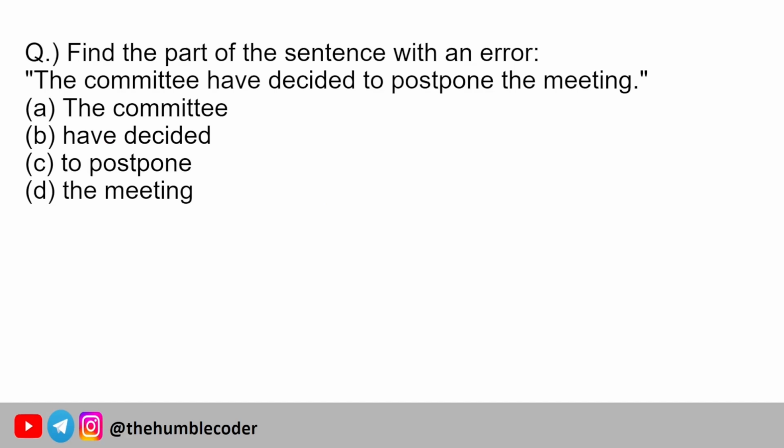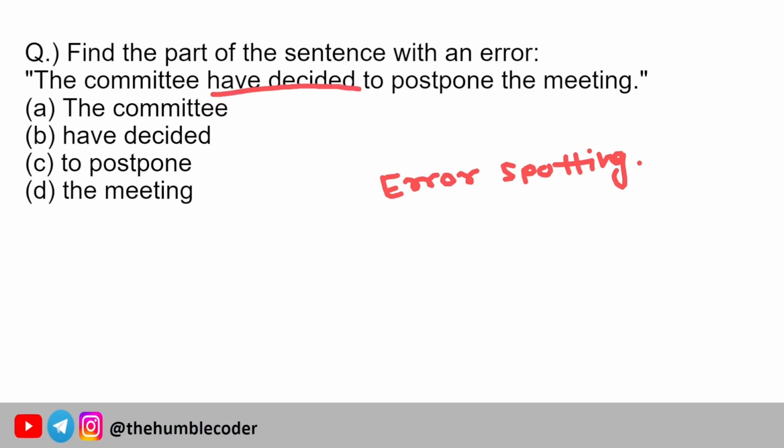Moving on to the next question, find the part of the sentence which has the error. So the committee have decided to postpone the meeting, and we have four options. The committee have decided to postpone the meeting, and this kind of question, guys, is called error spotting. Okay, so we have to spot the error, in which exact part the error is there. So the correct answer for this question is the committee have decided.